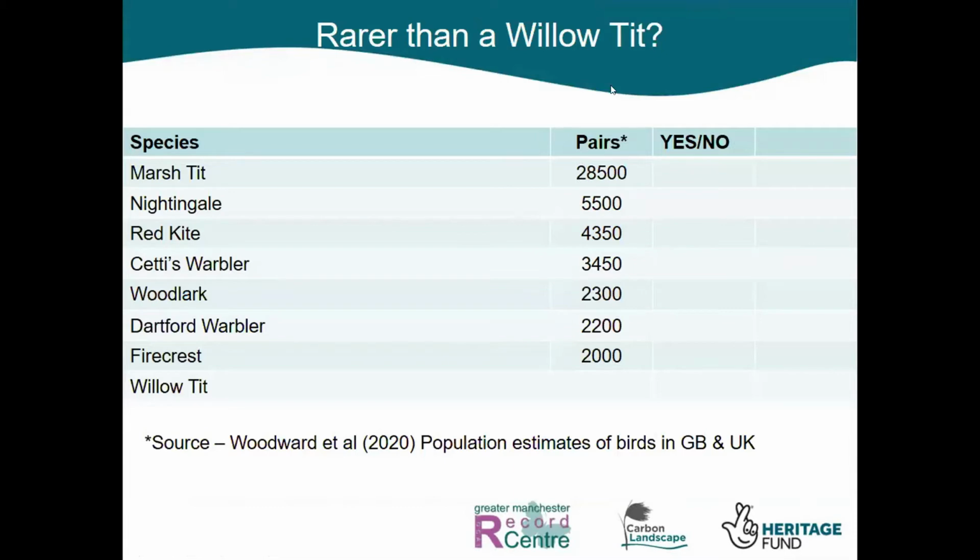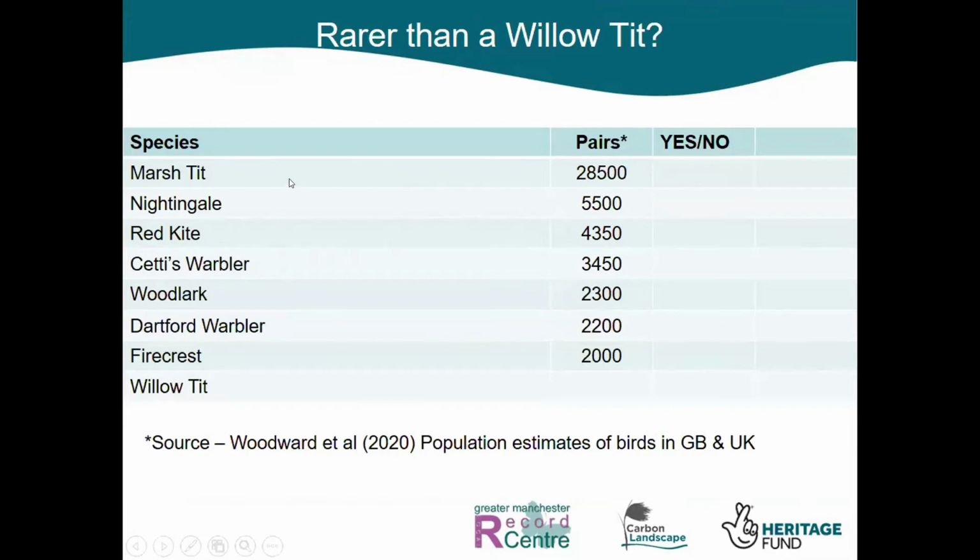Okay, so here's a little exercise to do. If you've got a piece of paper, I'd like you to just jot down the initials of the species, and then I want you to put yes or no. So is the marsh tit rarer than a willow tit?